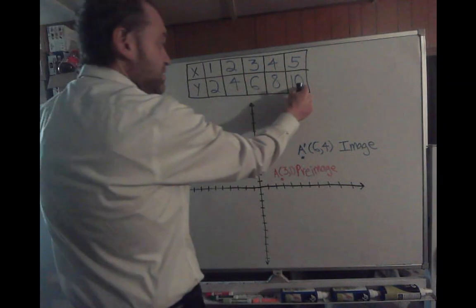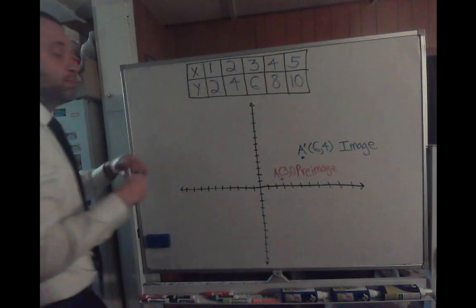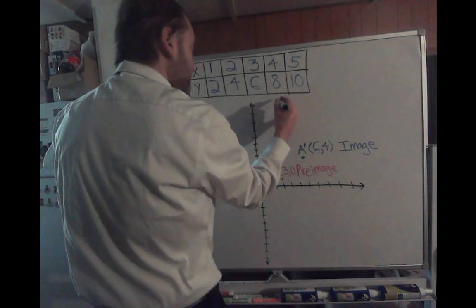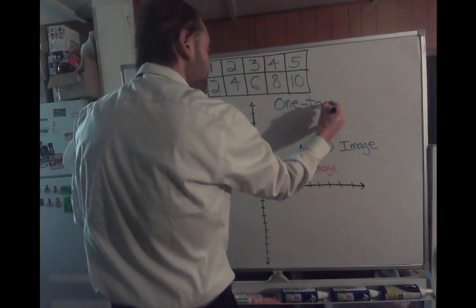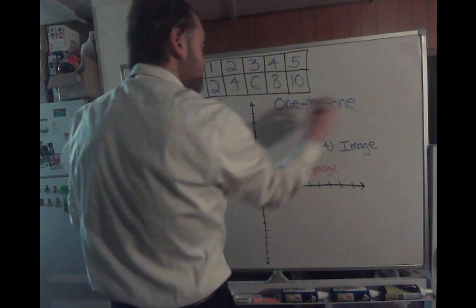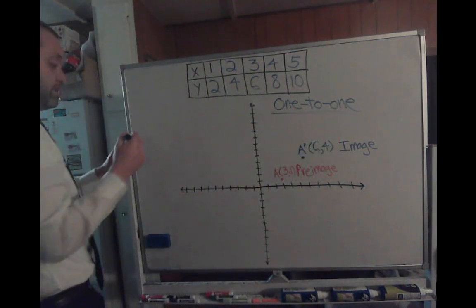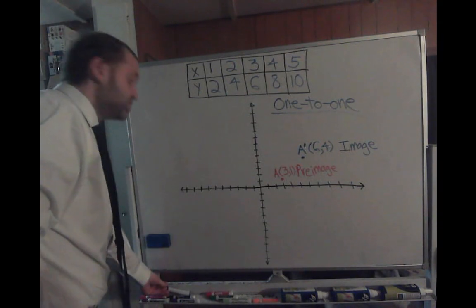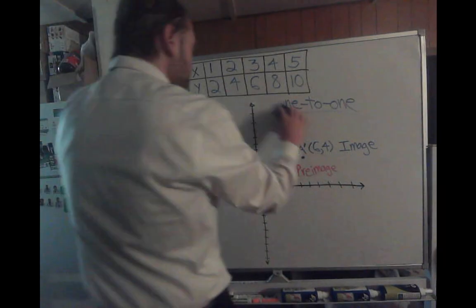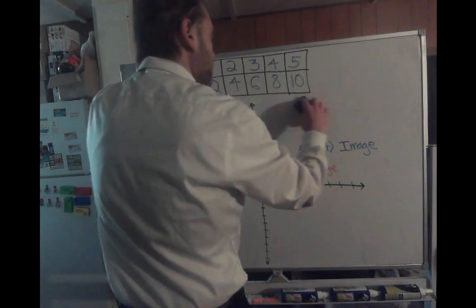And then 10 in the range only pairs with 5 in the domain. So yes, this function is one-to-one. This is in fact a one-to-one function because each member of the range has one and only one domain value. Let's do a couple more here.